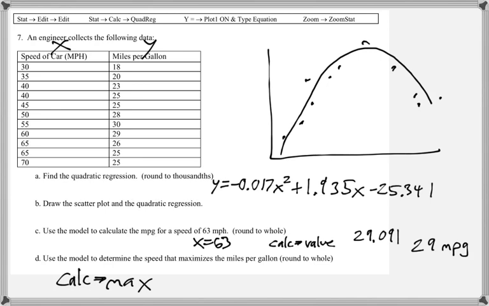So left bound, press enter. Right bound, press enter, then make a guess, and it's going to be somewhere here.